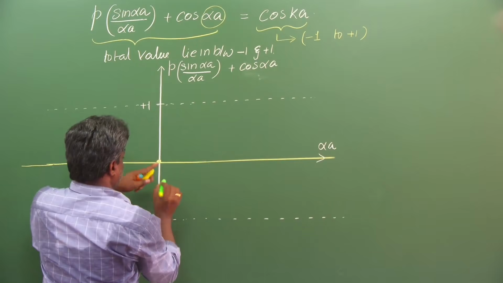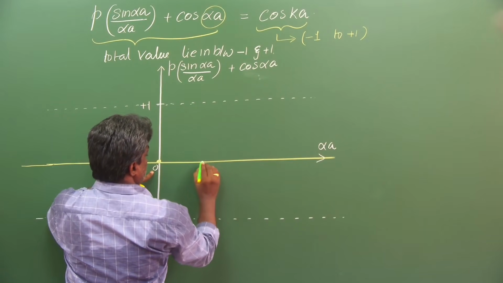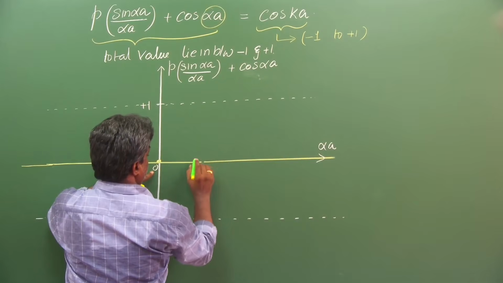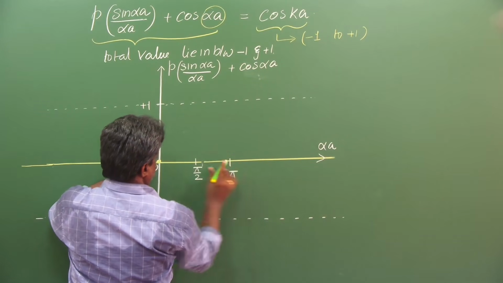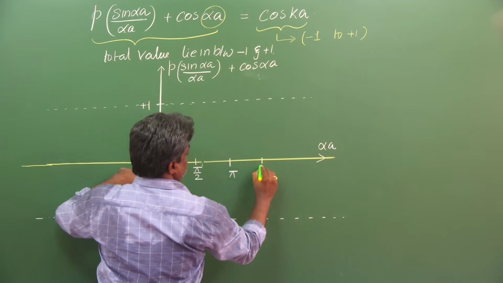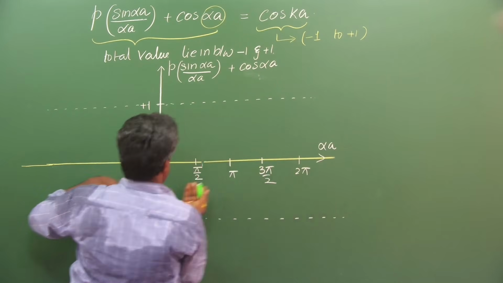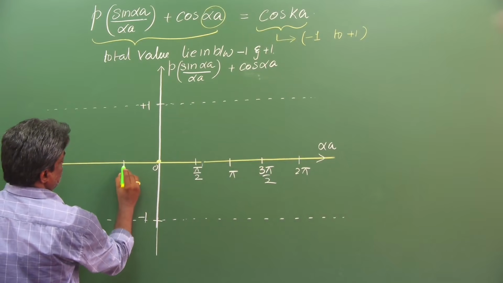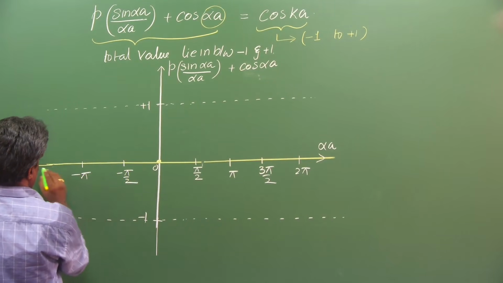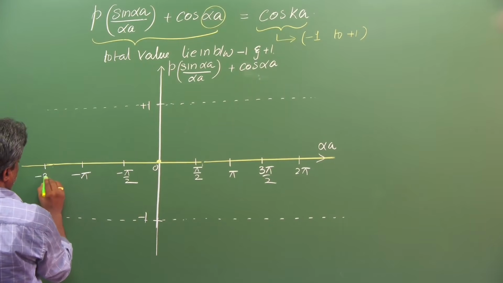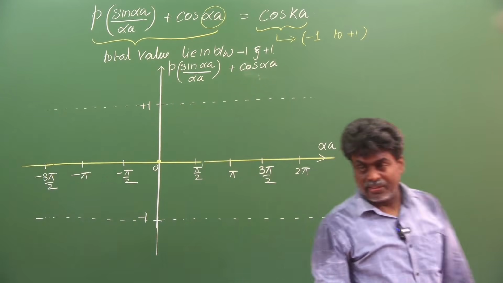That's why I am taking this as 0 and somewhere pi by 2, somewhere pi, next 3 pi by 2, next 2 pi, and on this side minus pi by 2, minus pi, minus 3 pi by 2, something like this. Is it okay? Now carefully observe.